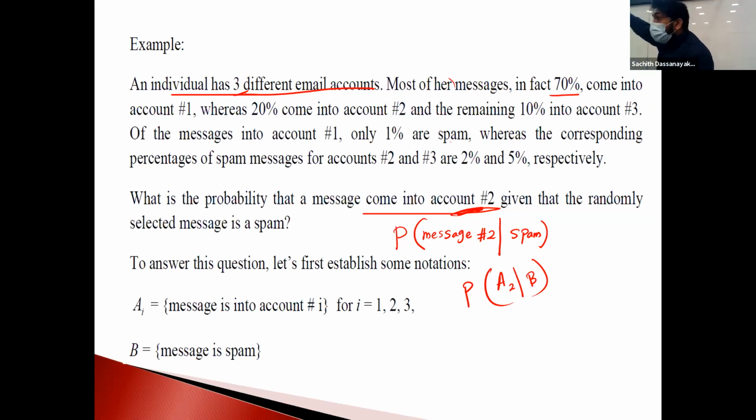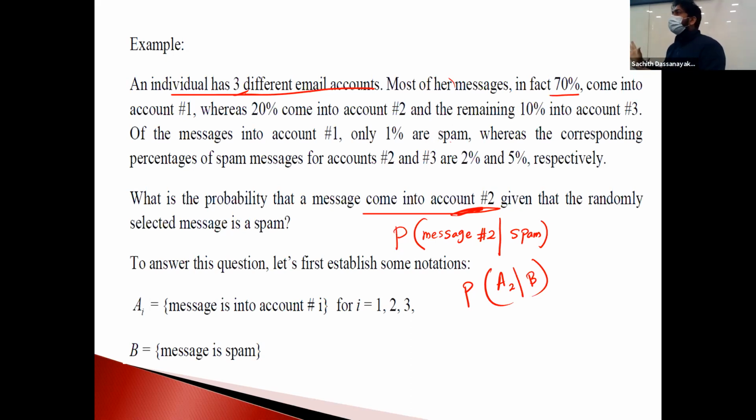But we have 3 accounts. So you have to consider that they ask about a message that came into the second account, so you have to simply go to the second account only. Clear? But we have spam. Spam is a general term. We cannot split spams.